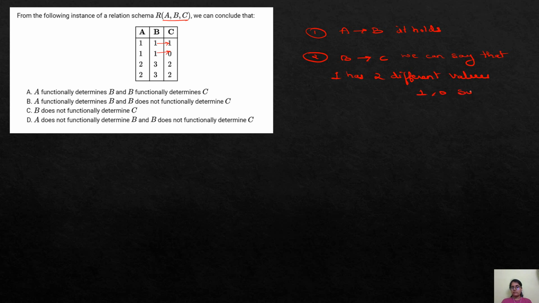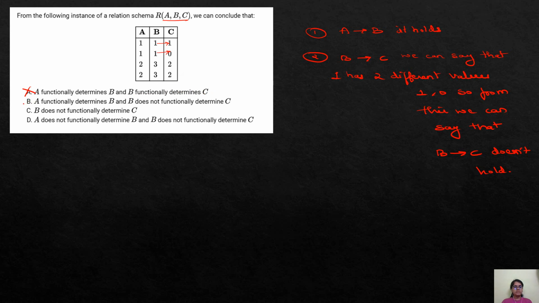From this we can say that B determines C does not hold. B determines C does not hold. So I hope this is clear. So option A is wrong. Why? Because here they are saying that B functionally determines C, which is wrong.